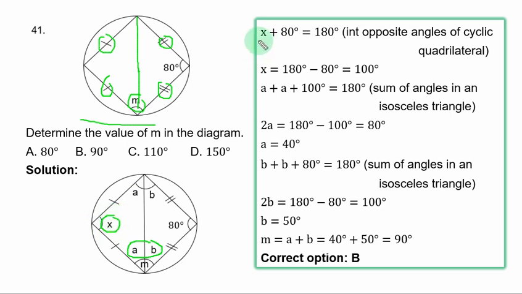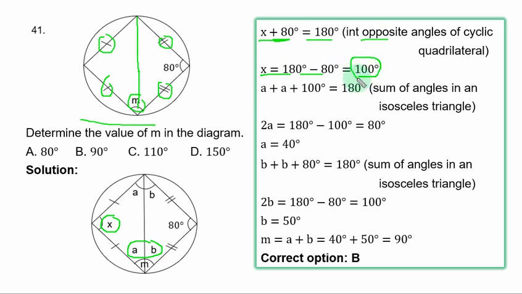S plus 80 degrees is equal to 180 degrees. You have the reason. If you transfer this term to the right hand side, you have S equal to 180 degrees minus 80 degrees, and that is 100 degrees.